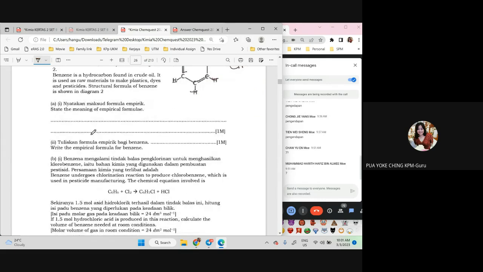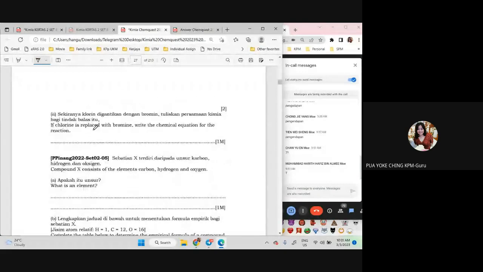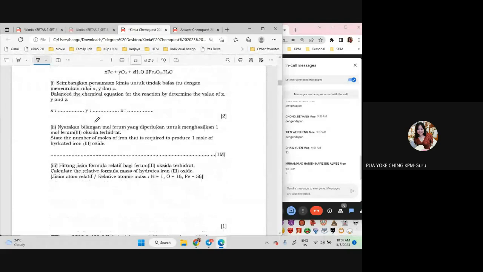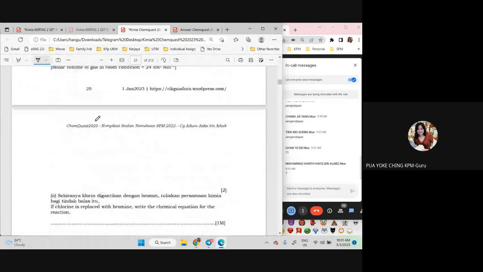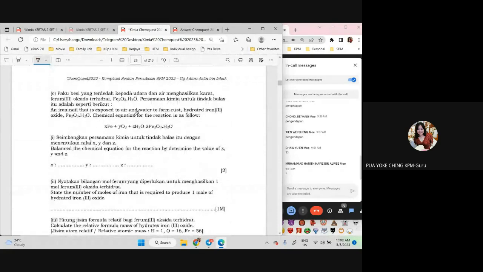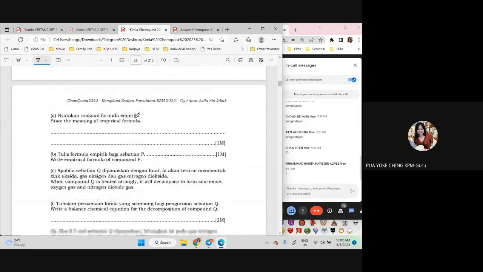So the next one it will ask you to buat calculation lah, equilibrium. Okay, satu lagi is this one, balance equation. Okay, balance betul-betul, tengok betul-betul, then you will get.